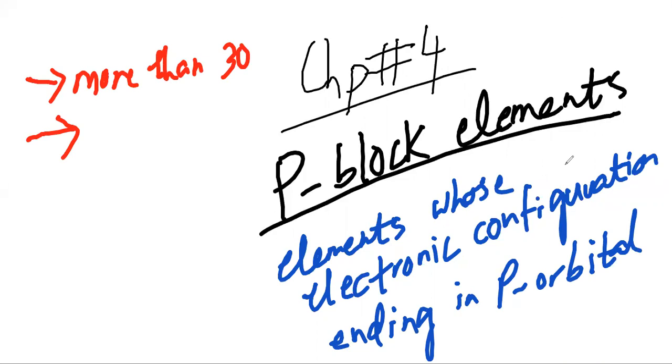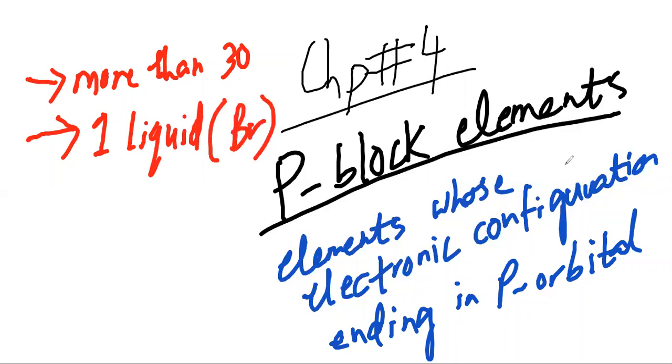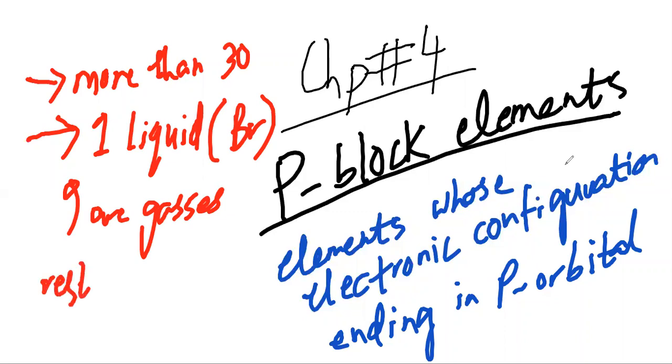Out of all the elements in the P block, only one is liquid. The liquid element is Br, bromine. Nine are gases, one is liquid, and the rest are solids.